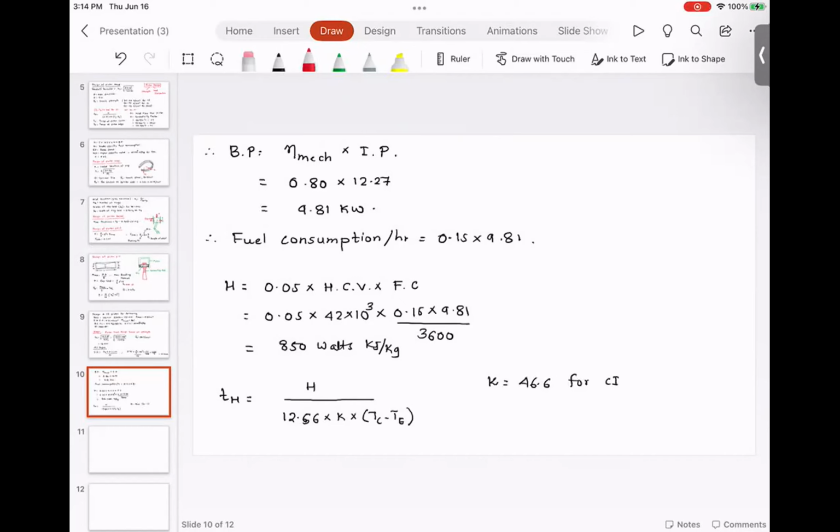And TC minus TE is 220. So substitute 46.6, substitute 850 here, and TH should get about 16 millimeter.